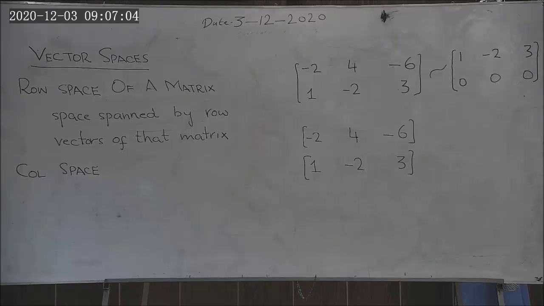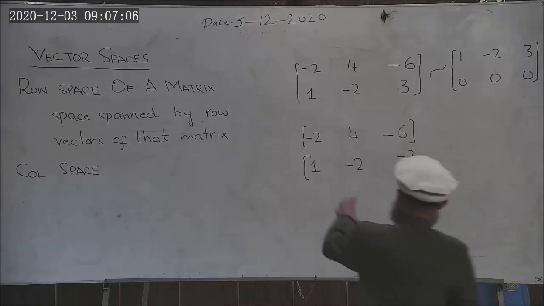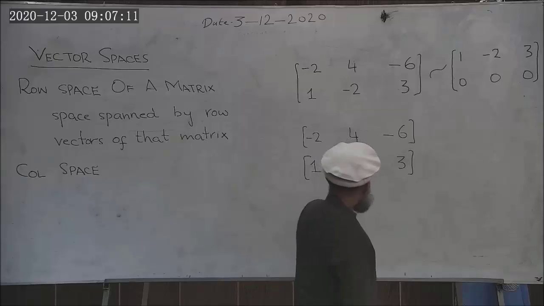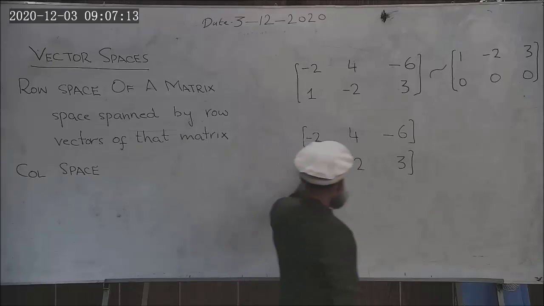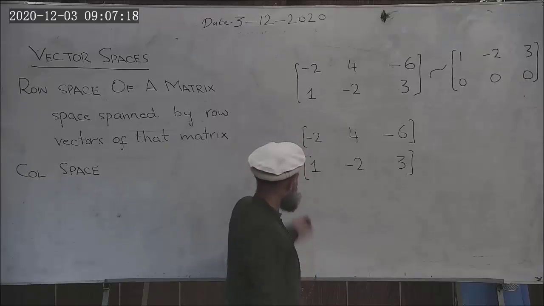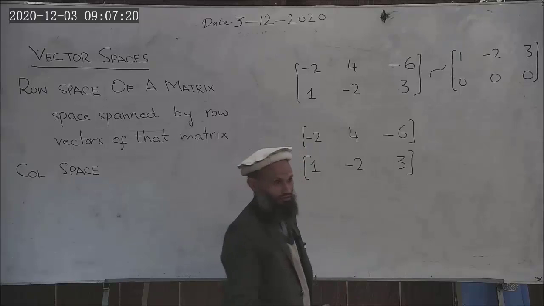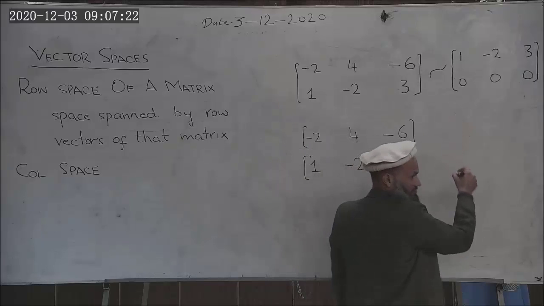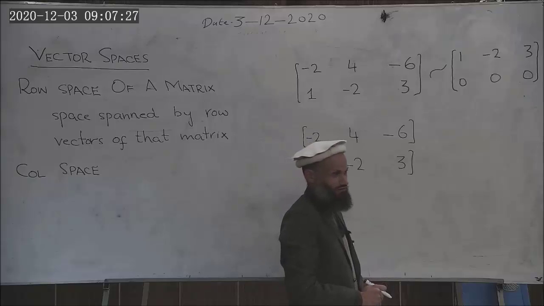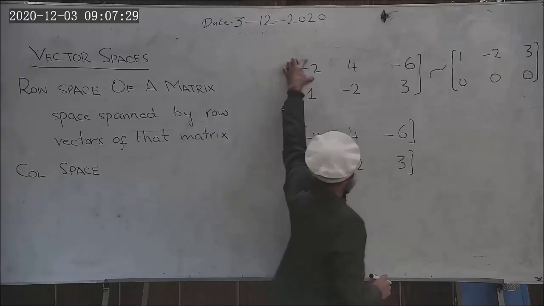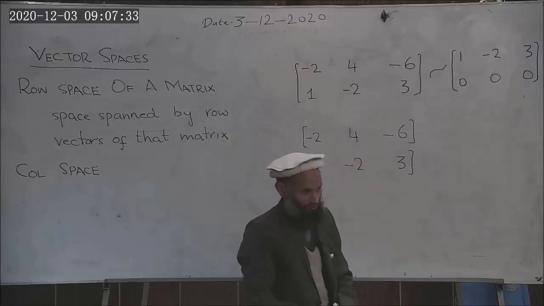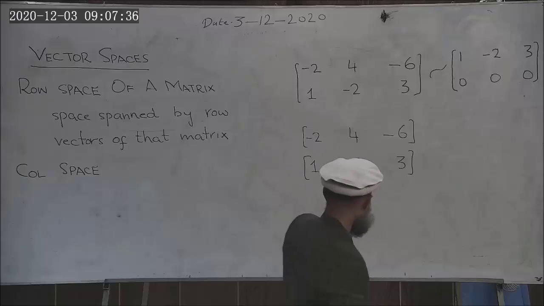There is only one linearly independent vector among these two. So the dimension of the space spanned by these row vectors is 1. And what is the basis for that space? Any one among these two can be taken as a basis for that row space.